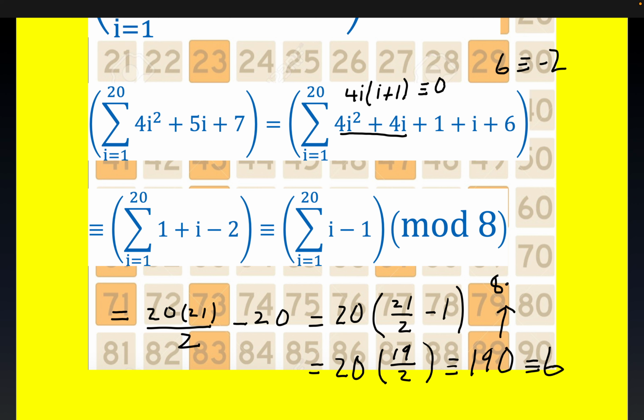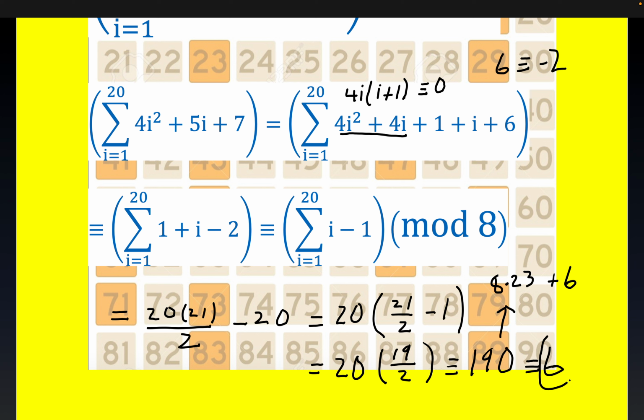So you get 8 times 23 plus 6. And check my arithmetic on that. 8 times 20 is 160. So let's see, this isn't right. 8 times 25 is 200. No, 8 times 23 would be 160 plus 24, which is 184, plus 6, right? Which gives you the 190, all right? So this is our answer.